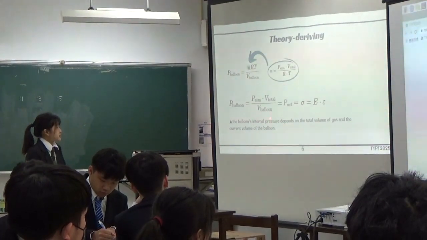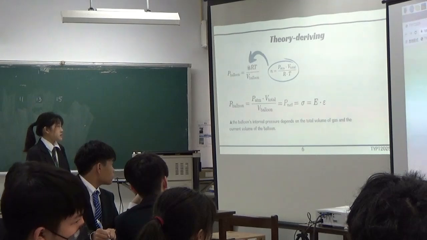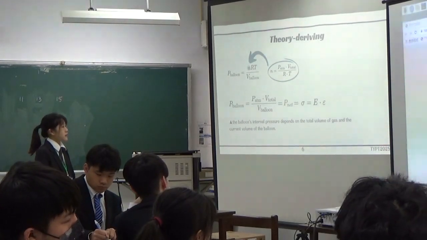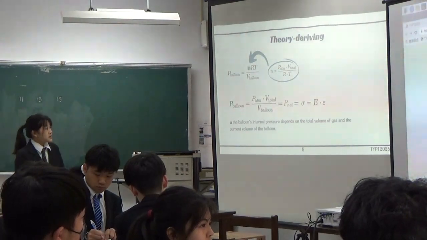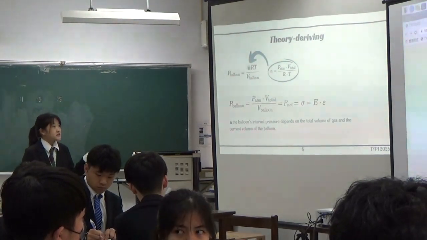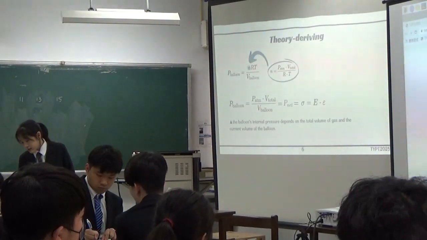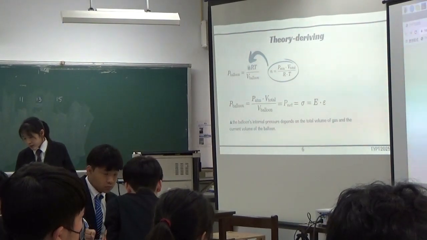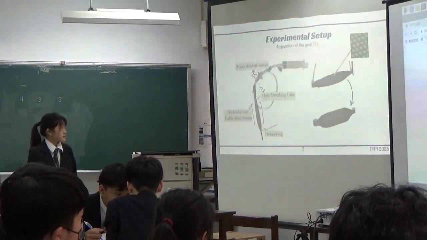By seeing these equations, you can know that the balloon's internal pressure depends on the total volume of gas and the current volume of the balloon. And since the pressure of the net is given by the balloon, you can equalize them. And we relate this pressure to the mechanical response of the material.